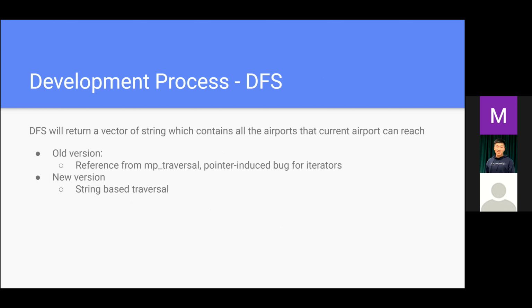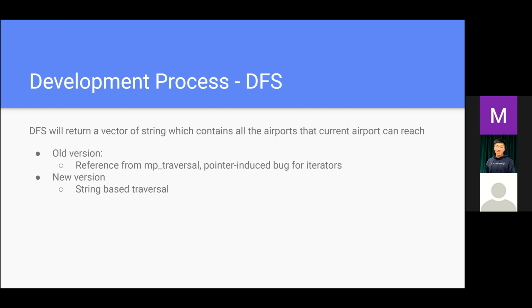For the depth-first search algorithm, our goal is to traverse the whole graph, beginning with the designated starting airport, and expect an output of a vector of strings, which contains all the airports that the current airport can reach. We first referred to the MP traversal to write the DFS as a class, but we eventually got stuck at the iterator part of that DFS class, as the pointer-induced bugs made us pretty confused.